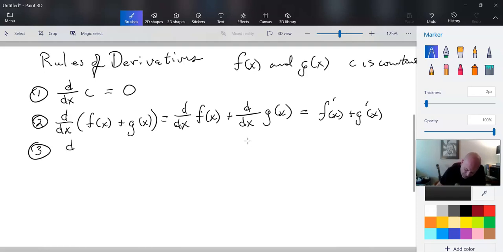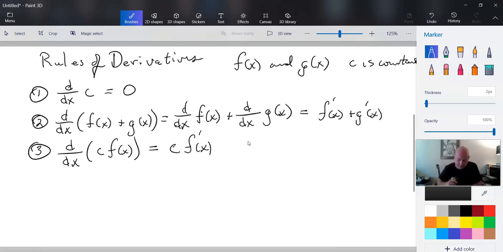So if I'm taking a derivative of something like c times the function f of x, I can just take c and multiply it by f prime, right? I can just take the derivative of the function by itself and leave the constant alone. That's actually a really useful trick.